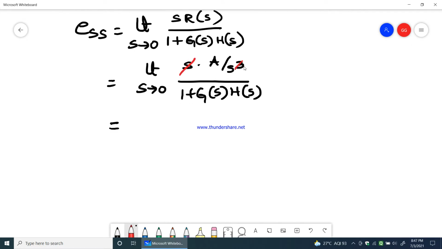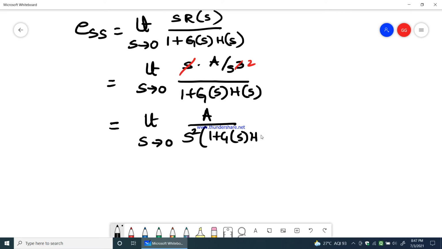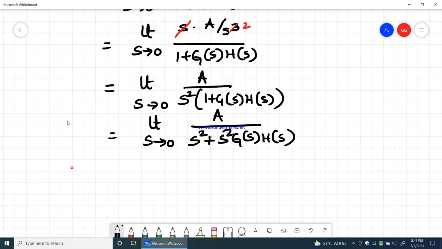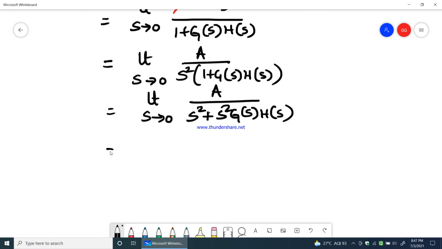Therefore limit s tends to 0, A divided by s square into 1 plus G of s into H of s, which is equal to limit s tends to 0, A divided by s square plus s square into G of s into H of s. Now when I apply the limit for this equation, what will I get here is limit applied here.